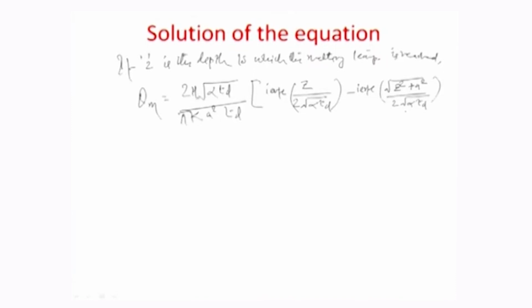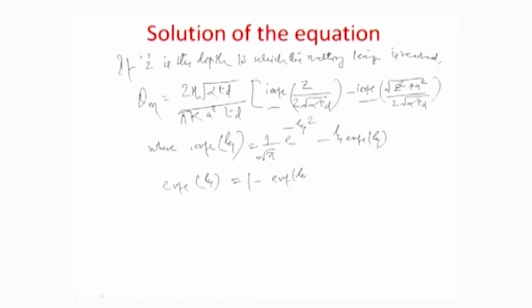And the way that this error function of the third kind is defined is that this I ERFC of the variable zeta is defined as 1 by root pi e to the power of minus zeta square minus zeta ERFC zeta, where ERFC again is the second error function defined as 1 minus ERF zeta, and ERF zeta, as we all know, is the numerical integral 2 by root pi, 0 to zeta, e to the power of minus x square dx.